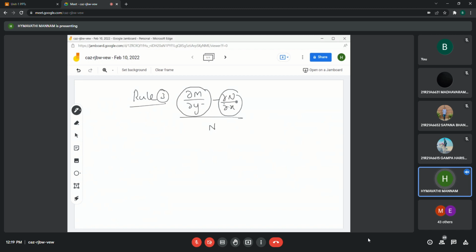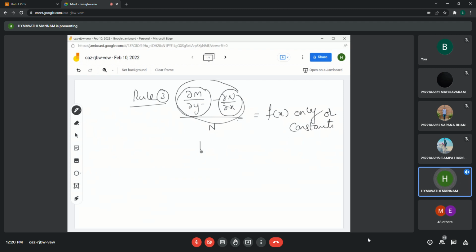Which function is suitable to divide dou m by dou y minus dou n by dou x? Take that function and divide with it. That division value must be a function of x only, or only a constant.